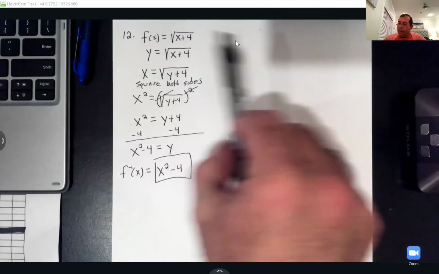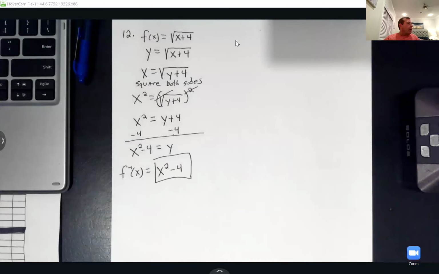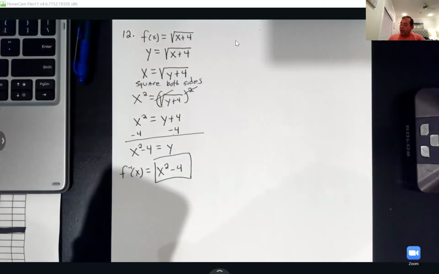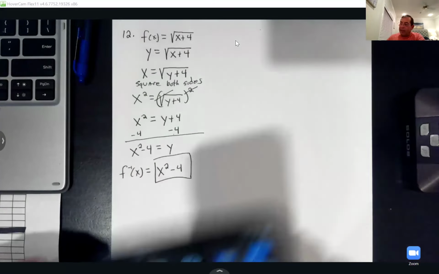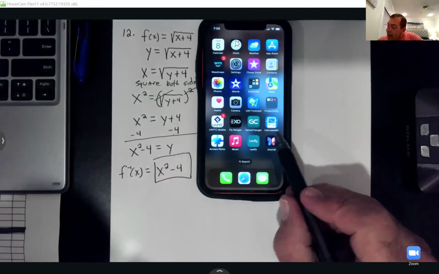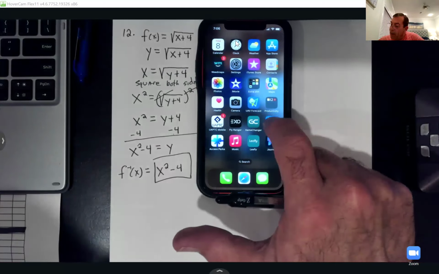Now, next week is a good week to have a calculator. I'm going to show you things on your calculator to do these problems with. Now, listen, if you don't have a TI-83 or TI-84, I got this little Calculate 84 app on my phone.